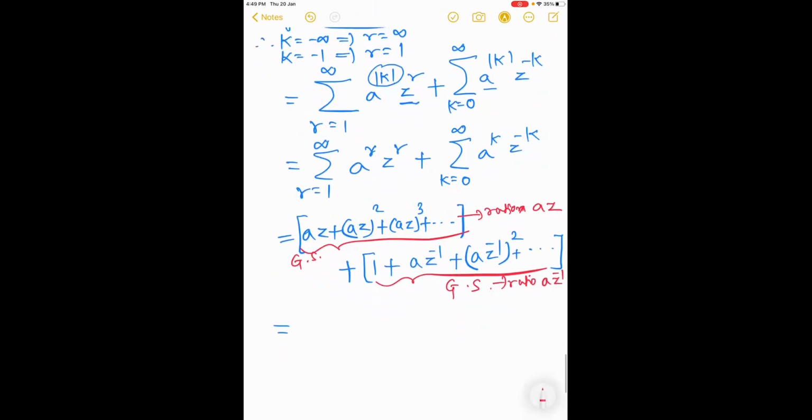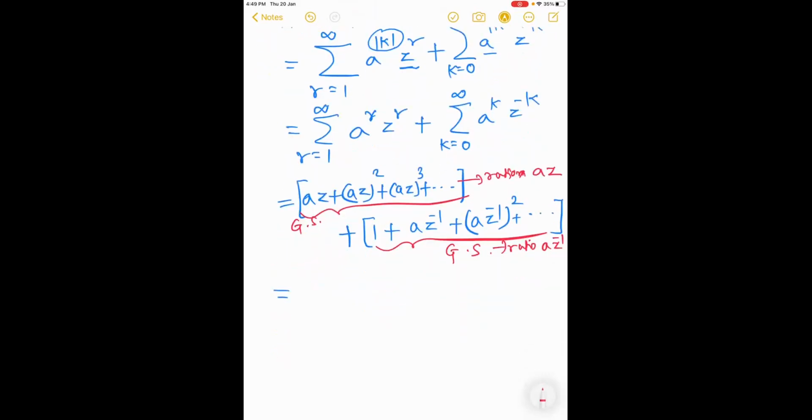So only that summation you have to put. In the first series, the first term is az, and in the second series, the first term is 1. So we need only that much. So az upon 1 minus az is the first series answer, and the second series answer is 1 upon 1 minus az raised to minus 1.